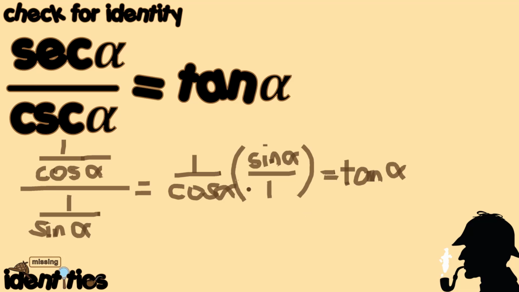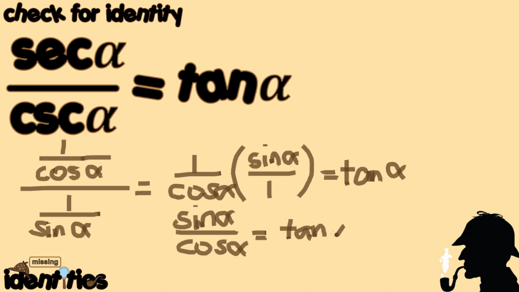Now with this, we are multiplying rational expressions. Now that we have used the keep, change, flip method, we have 1 times sine alpha, which is simply sine alpha. Cosine alpha times 1 is just cosine alpha. This should be equal to our original right-hand side, which is tangent alpha.